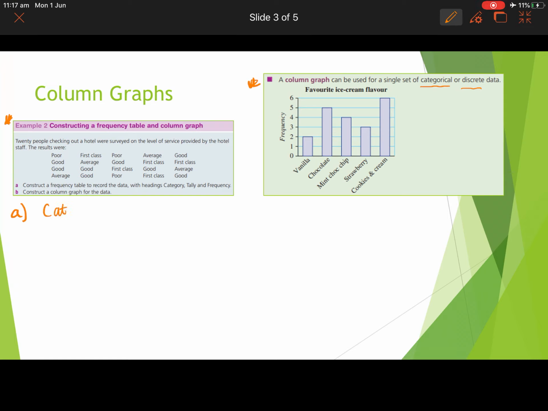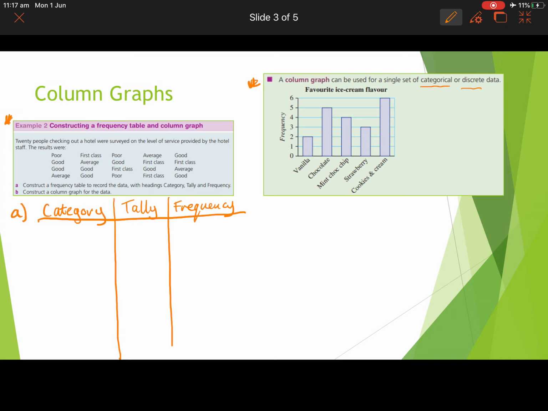So we've got category, it's our first column, tally and frequency. Okay. Now, let's write our categories. It's always good to write them in order.